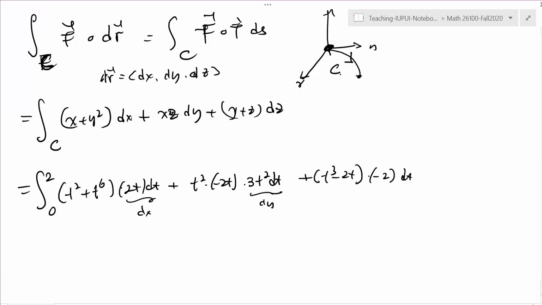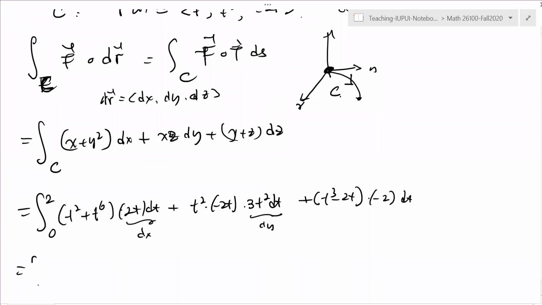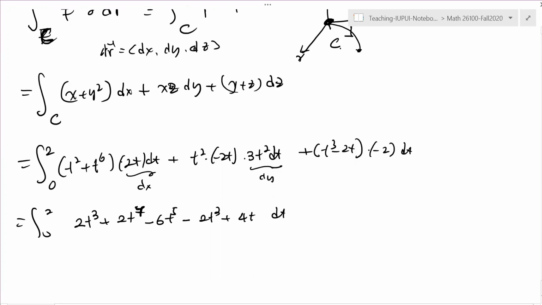So you have to combine all of them. I'm going to get 2t cubed plus 2t to the 7th, negative 6t to the 5th, and also negative 2t cubed plus 4t, dt. It's a very complicated function.